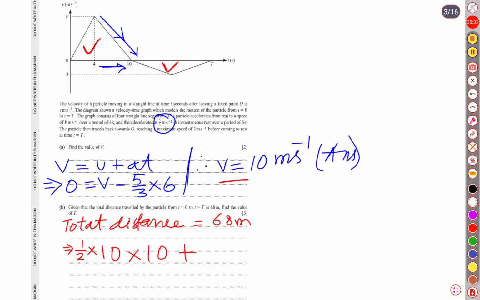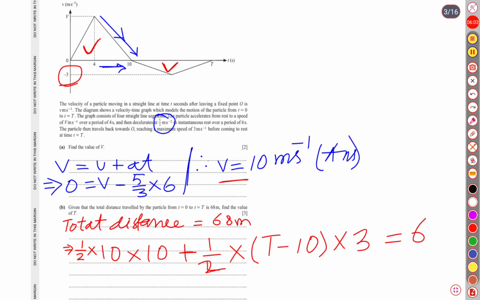Plus the area of the other triangle, when the particle was moving backward: half into base, which is T minus 10, the time spent, and height is already given as 3 meter per second. The right side is 68.